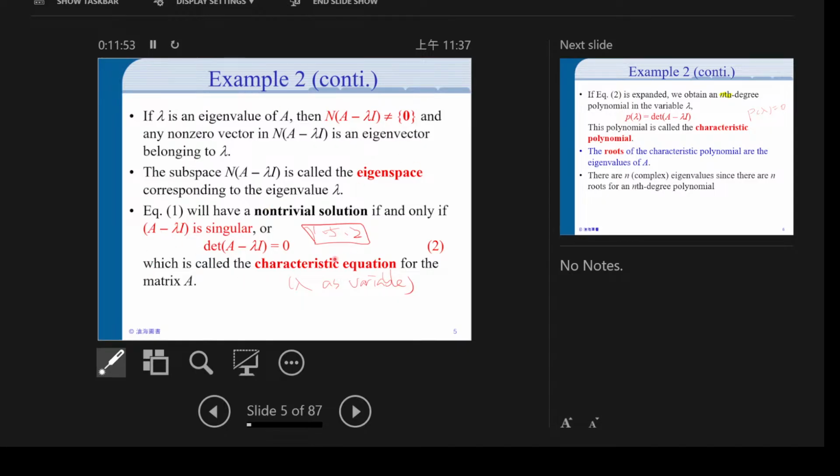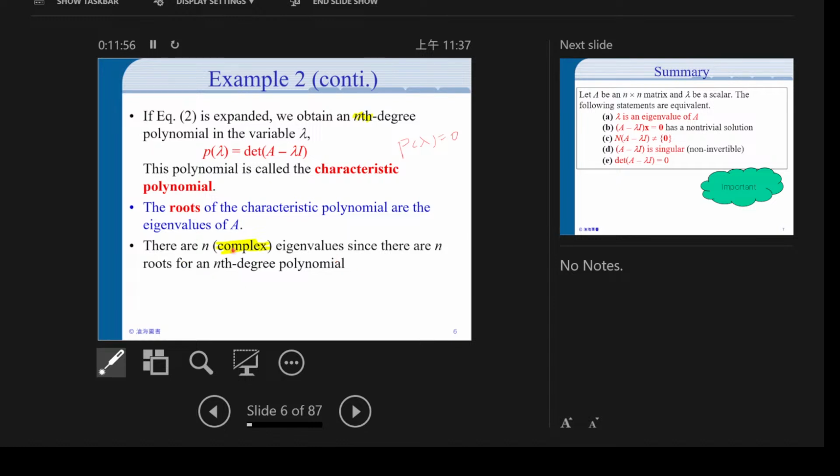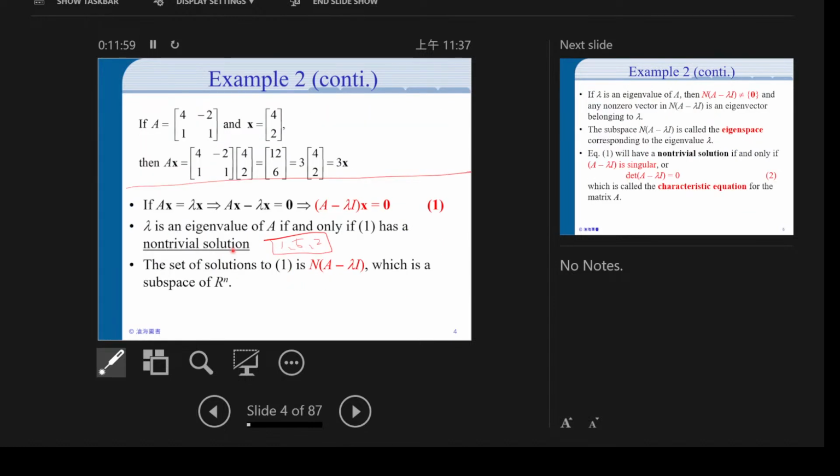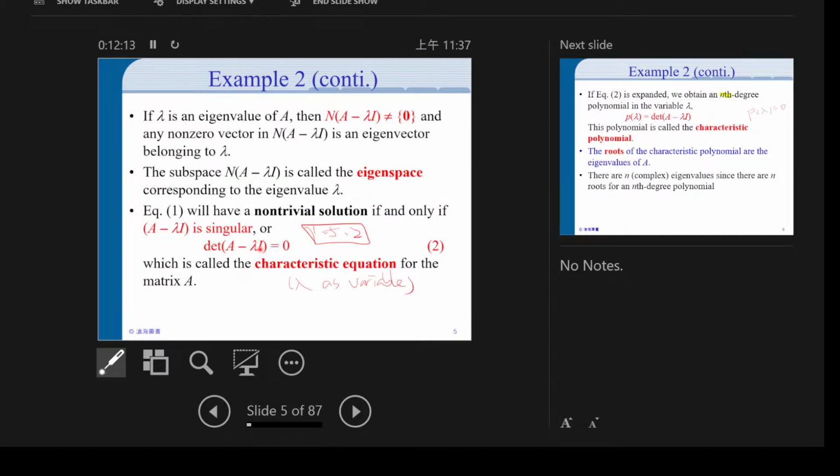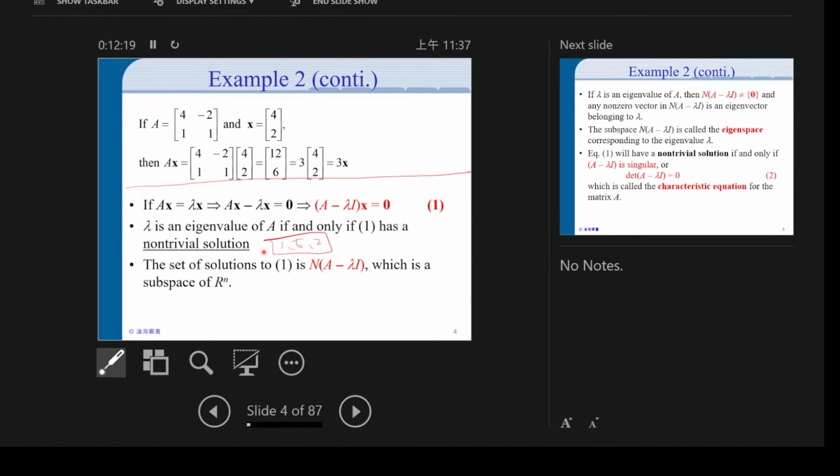Anyway, we'll have those n complex eigenvalues, and now we can go back to think about this null space. We solve for those n eigenvalues, and now we fix those eigenvalues back into this equation. Now we want to solve for our eigenvectors. When we have this characteristic equation, lambda was a variable, we can solve for lambda. And once we solve for some fixed lambda, we can think about the null space of A minus lambda I. I guess the logical ordering is a bit weird.